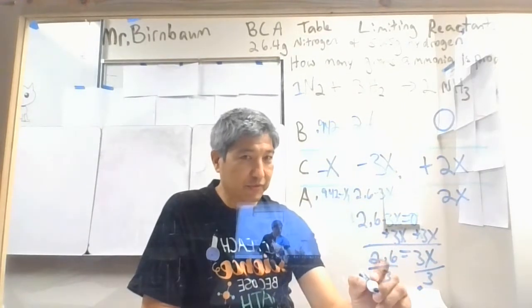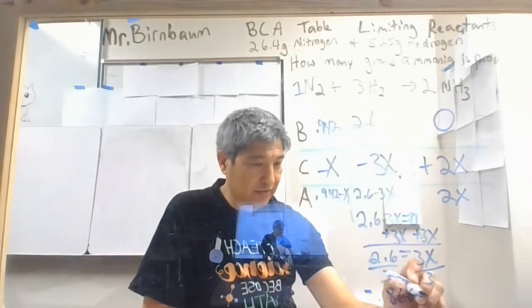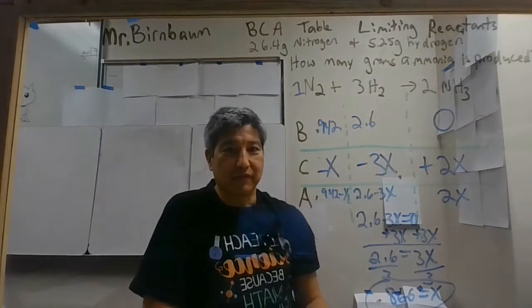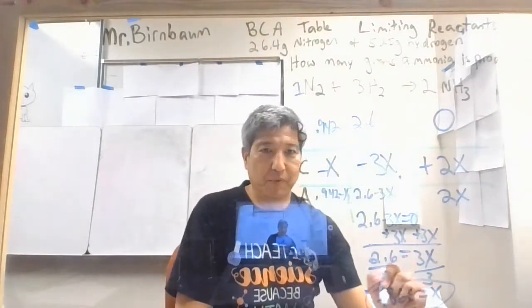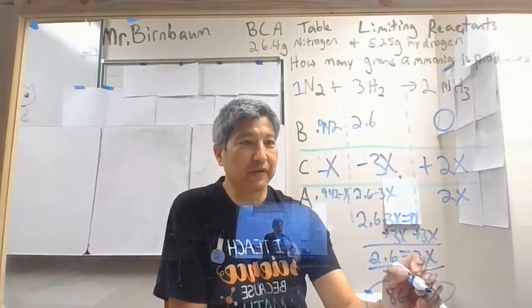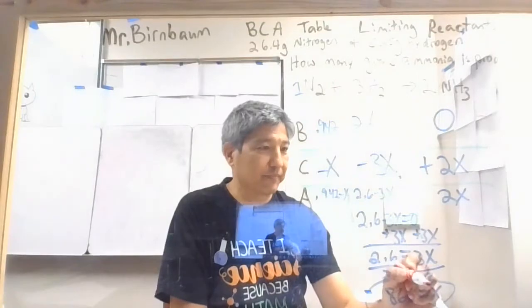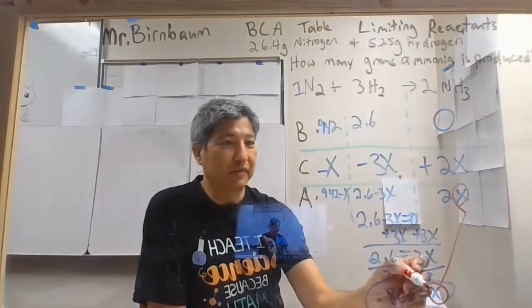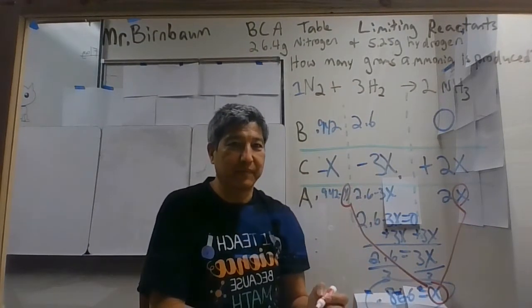And that's going to give us 0.866 equals x. So this is our value for x. And what we can do is take this x and substitute it into here, and we could substitute it into here. Okay?